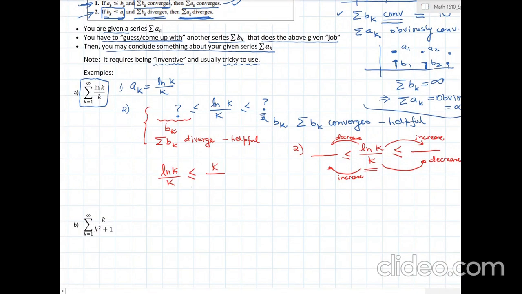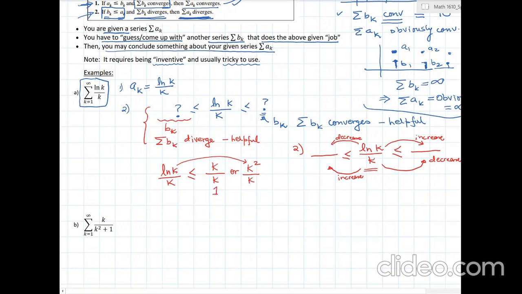And if I keep my new denominator the same, I get k over k. Or I could even go k squared, because k squared is definitely larger than log k. And I can keep my new denominator the same. So either one of them.